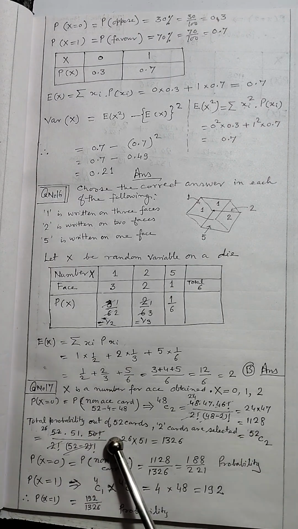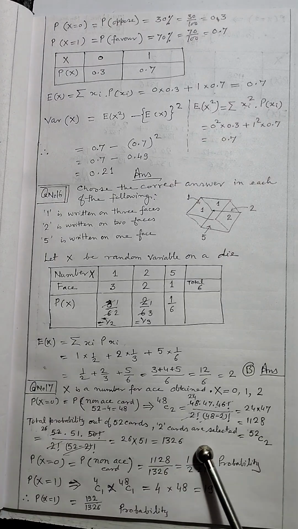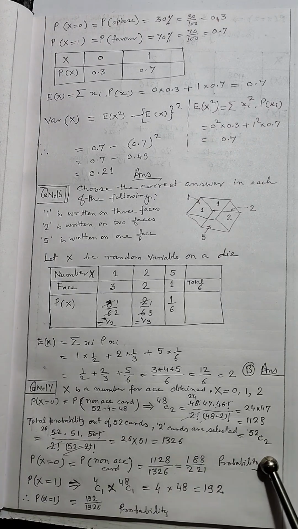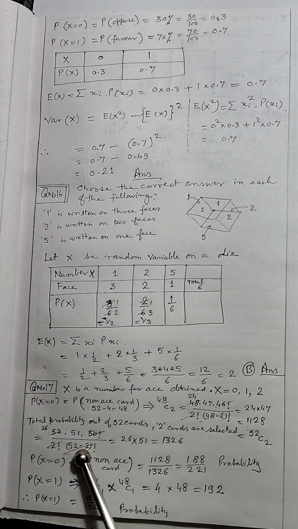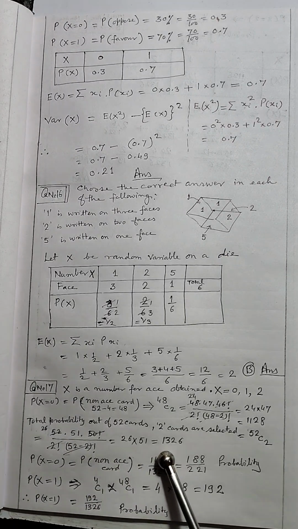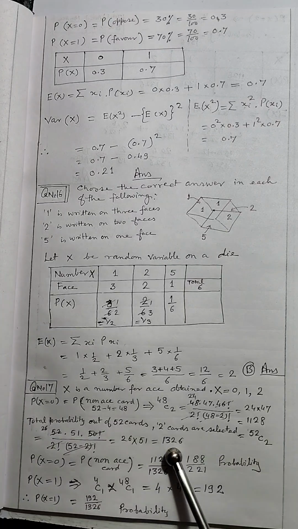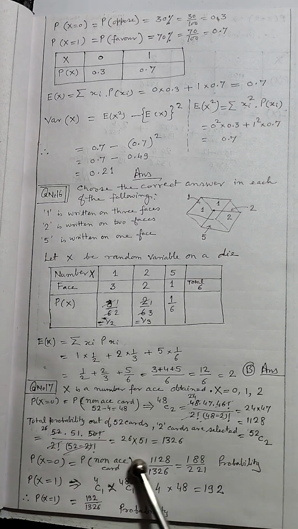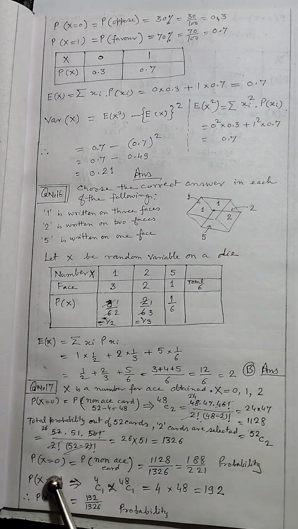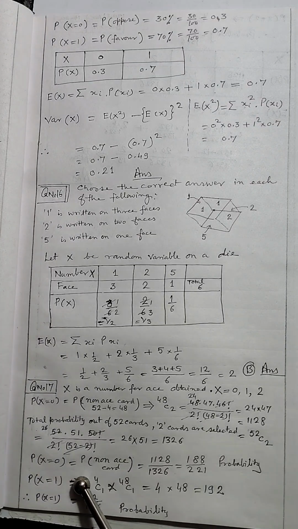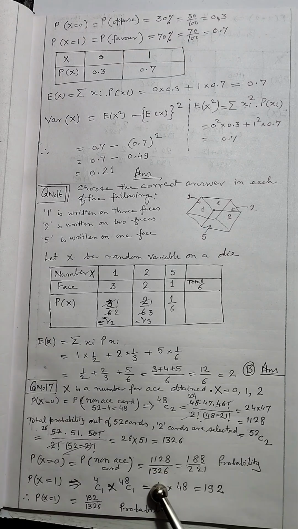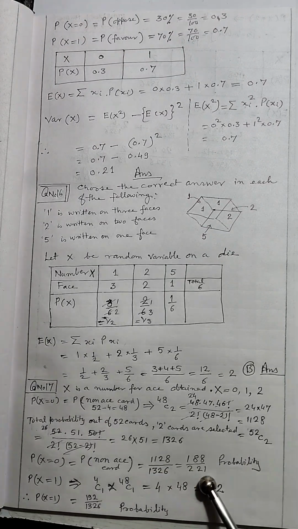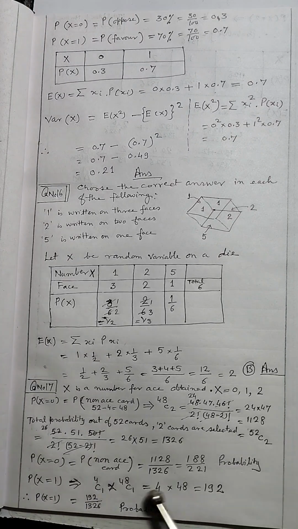The total number of ways of selecting 2 cards out of 52 cards will be 52C2, which, using the combination formula, is equal to 1326. So the probability of X equal to 0, that is non-ace cards, will be 1128 divided by 1326, which is equal to 188 divided by 221.